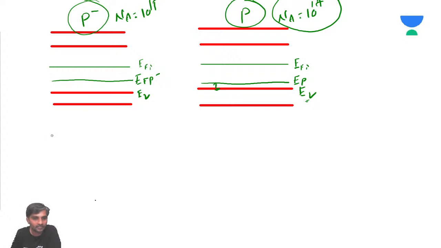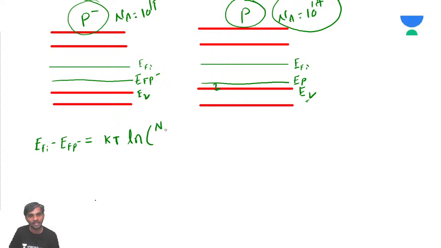So for this, what is the formula? EFi minus EFp minus is equal to, we know the formula, kT into ln of Na by Ni.